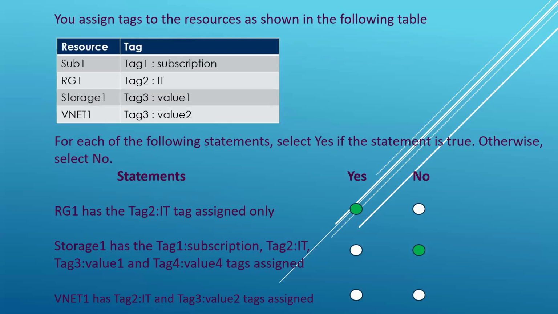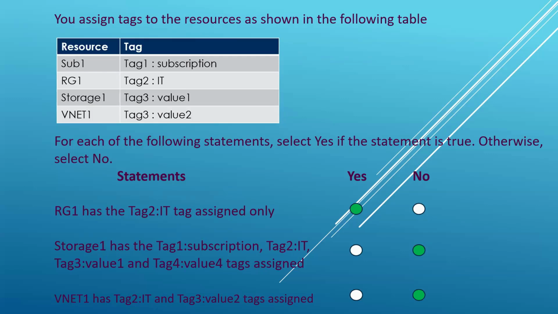The third statement: VNet1 has tag2 with value IT and tag3 with value 2 tags assigned. Resources don't inherit the tags you apply to a resource group or a subscription. So this statement is again incorrect, as originally VNet1 had just one tag, which was tag3 with the value 2.